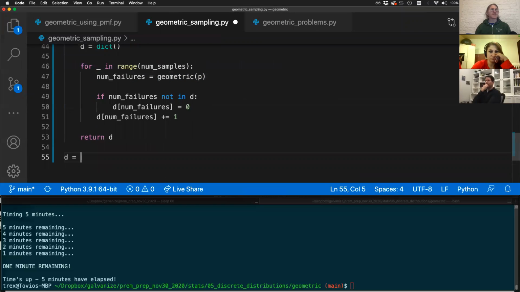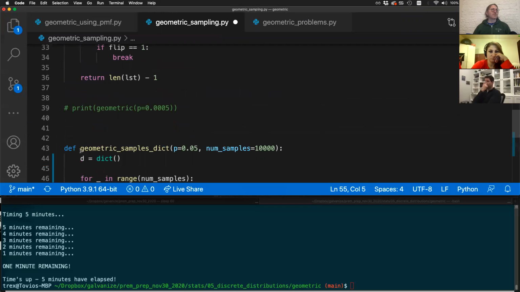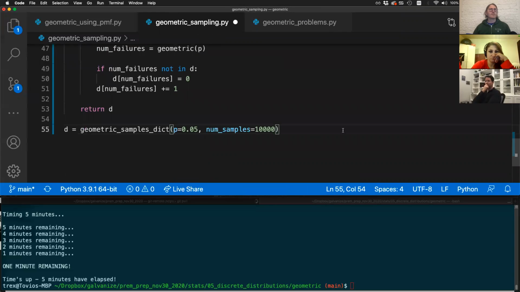Let's say D gets geometric samples dictionary, and let's use it with the default values here. And then we'll just say for K, V in. Notice here I'm going to use the sorted version of the dictionary.